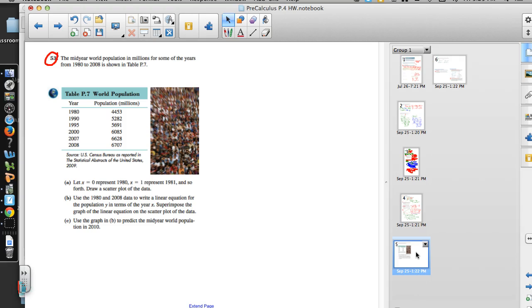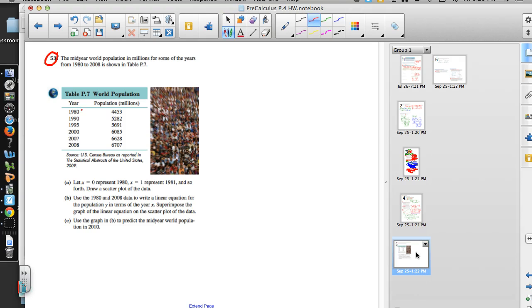Next one you had for me was 53. The mid-year world population in millions for some of the years from 1980 to 2008 is shown in table P7. And it's got another source for us there, the census report. Let x equals 0 represent 1980, x equals 1 represent 1981, and so forth, and draw a scatter plot of the data.